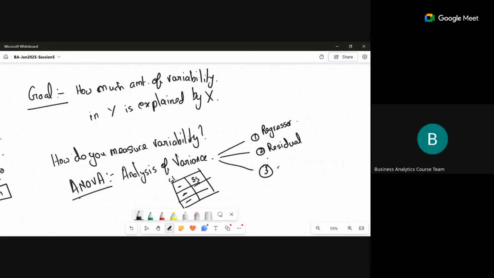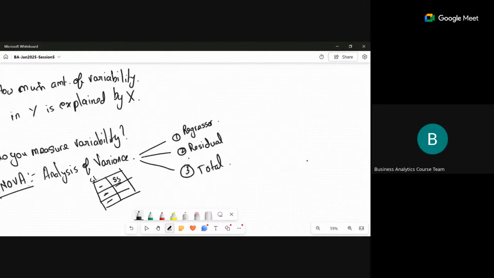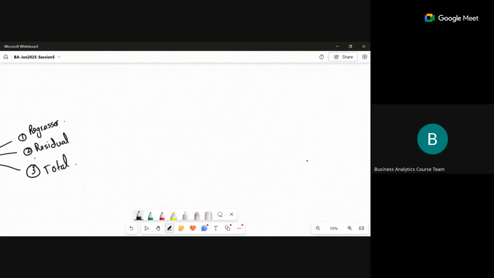Right, right. These are the three different variances that you see in an ANOVA table, which is the regressor, the residuals, and total. And they tell you whether the model is good or bad. Right? Okay. Now let's look at the ANOVA table.